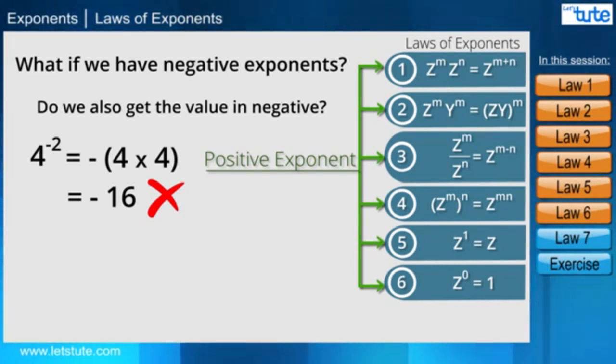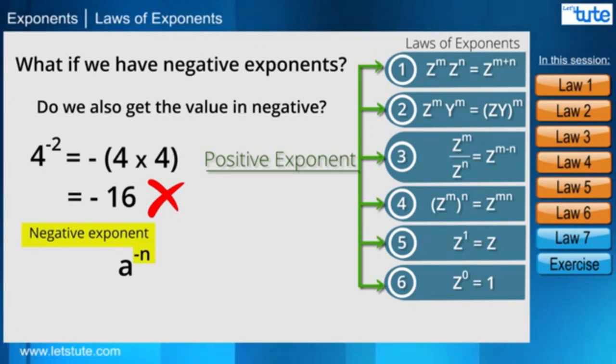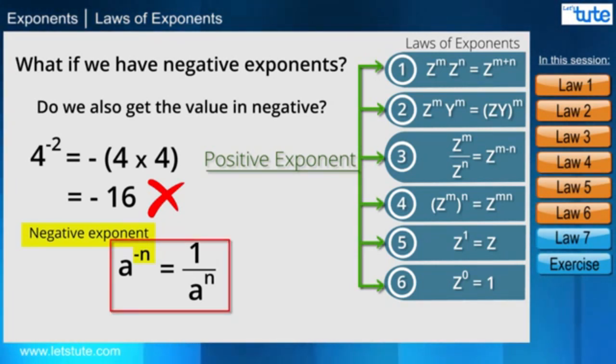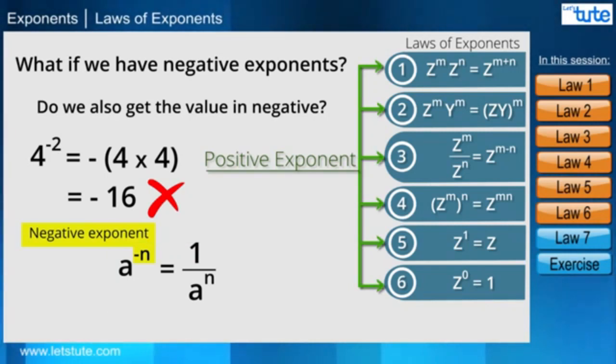So, how do we solve a negative exponent? If the expression is in the form of a raised to the power minus n, then it is the reciprocal of a raised to the power n. That is, a raised to the power minus n equals 1 divided by a raised to the power n.